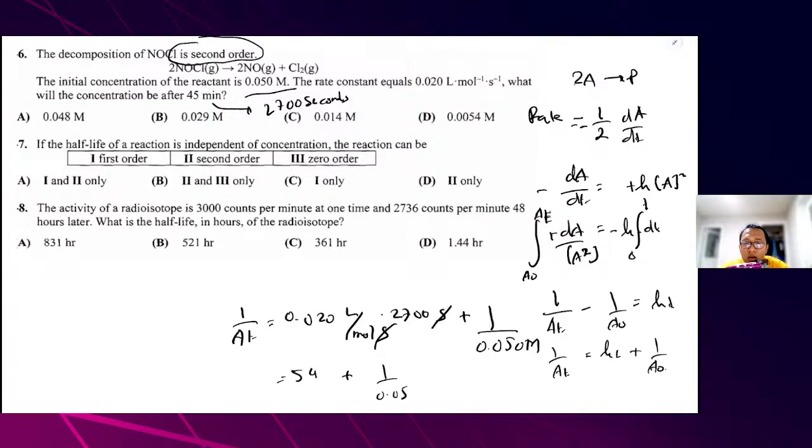Oh yes, sorry, one divided by what, 0.05, so it will be 20. So this one is 74, 1 per at, so at will be 1 divided by 74, so 0.013, so the answer will be C.